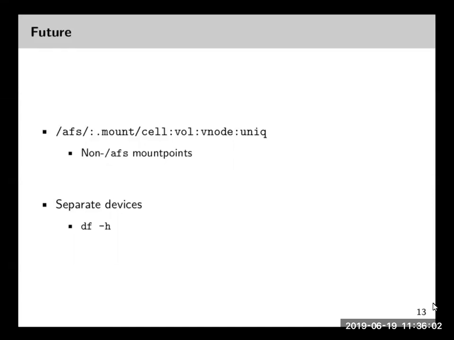And once we get separate devices, you could actually look at volume usage according to each volume. So you could run df -h and you could see the volumes. You could run df -h . and see in your current directory how much space you're using, how much space you have. So it wouldn't need to be an AFS specific command. Other tools would actually be aware of space usage in AFS, which would be pretty nice.